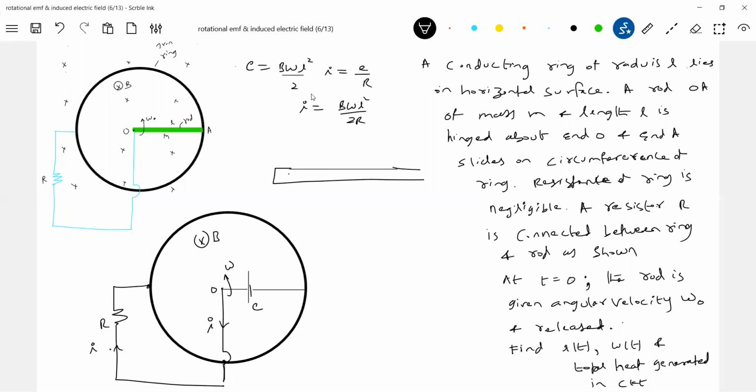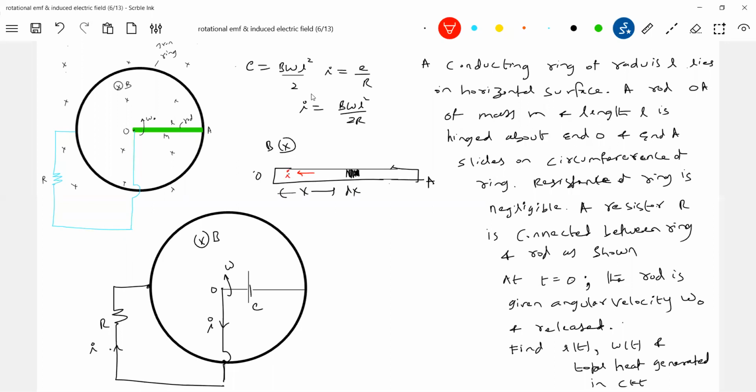Let me show it. There's a point O. Let me take a small element, and the current I is flowing like this. Let this be at a distance x, dx, B bar into the plane. There's a rod OA, and the current is flowing in this direction.